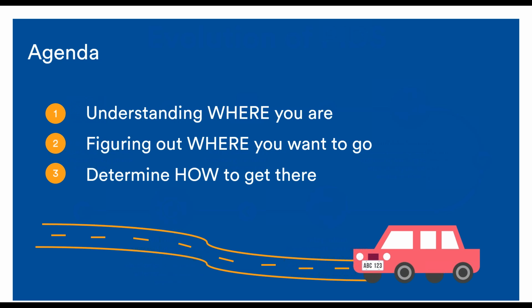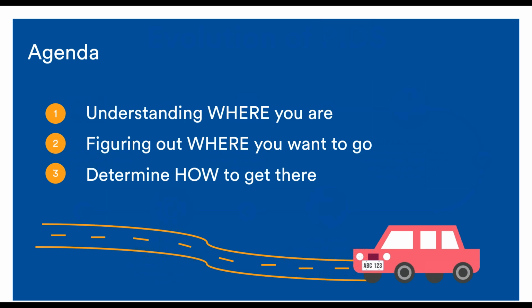Okay, now let's look at the agenda for today in terms of what to expect from this presentation. We first intend to help you better understand where you are in terms of the maturity of your perimeter intrusion detection system. Then in the second section, once you've understood where you are in terms of maturity, we want to help you figure out where you want to go with it by highlighting key features that you should look out for when making those decisions.